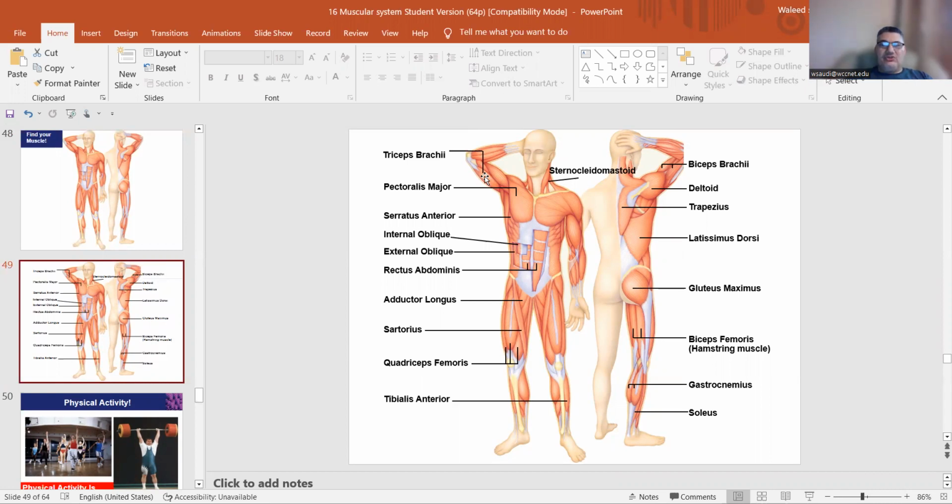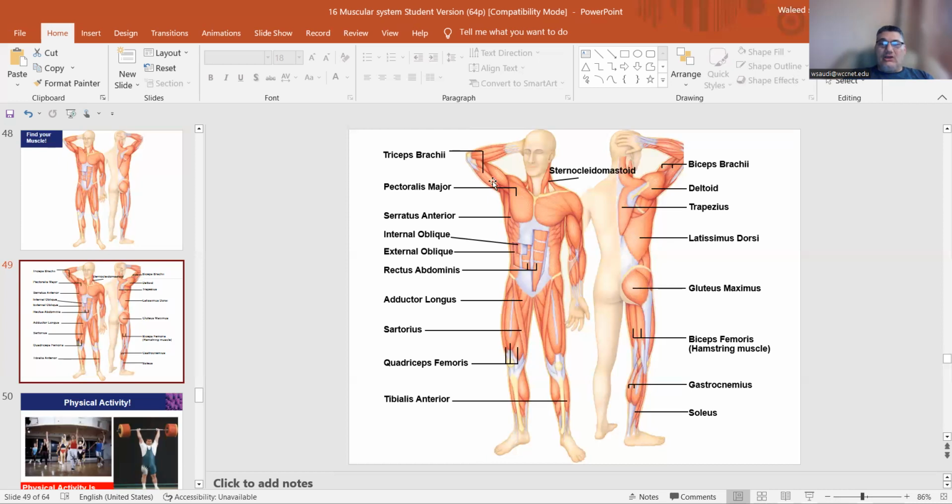What do I mean by description? Like, can I show you a picture like this and give you an arrow A, B, C, D, and ask you? Yes. Is there another way? Yes. I can ask you which of the following muscles is in the arm, for example, and I say biceps, pectoralis, external oblique, sartorius, quadriceps.